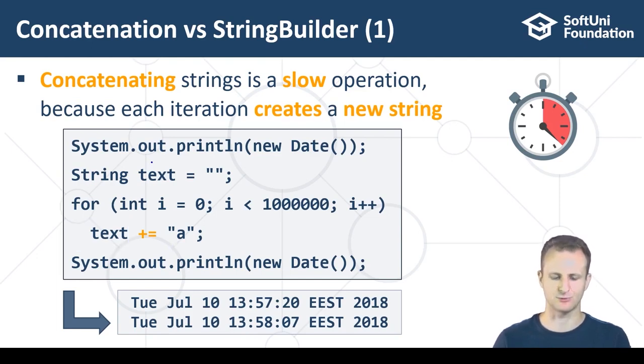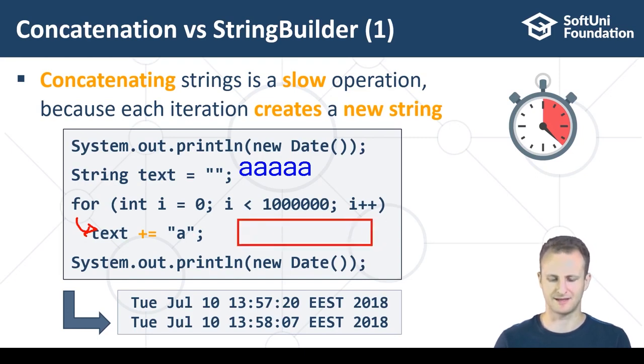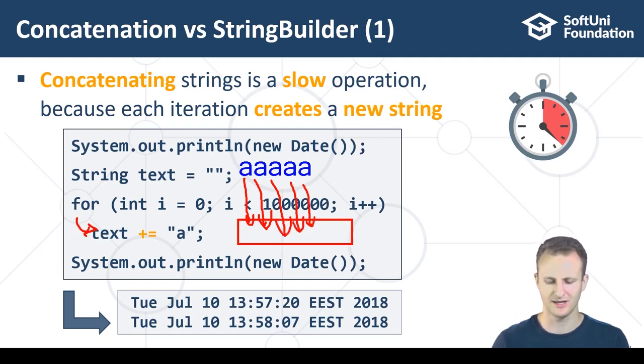So if text was 5 characters, so let's say we have A like this, and we enter the loop, what happens is the new memory gets allocated with 6 elements, because here we're adding 1 element, and this A gets copied over here, this A gets copied over here, this A gets copied over here, the last one gets copied at index, what's this index? It's index 4, right?